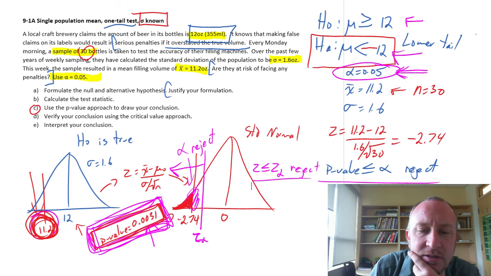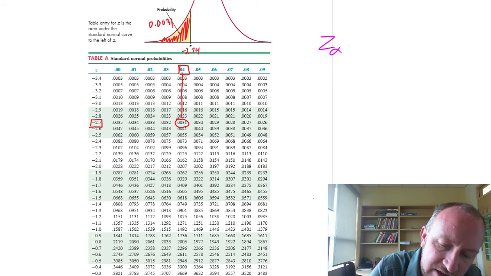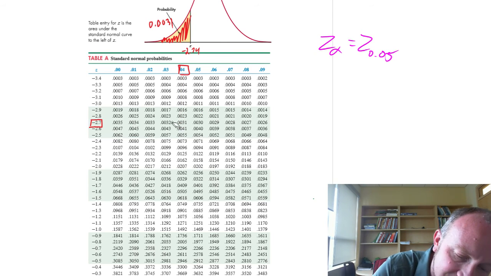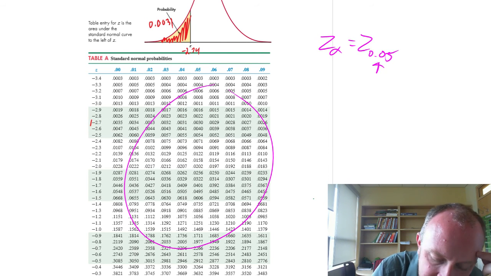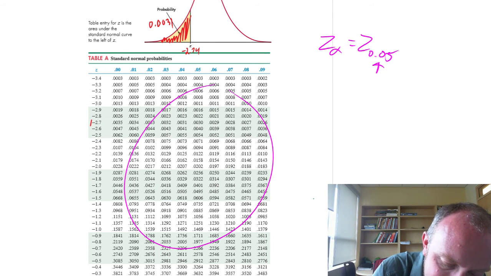So let's go to our z tables, and we want the critical value z alpha that corresponds with a probability of 0.05. We have to scan the whole body of this table looking for this probability. The problem is that it's not actually there, but it's right between these two values. 0.05 is right in between here.